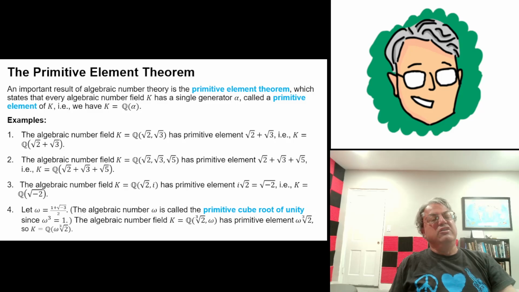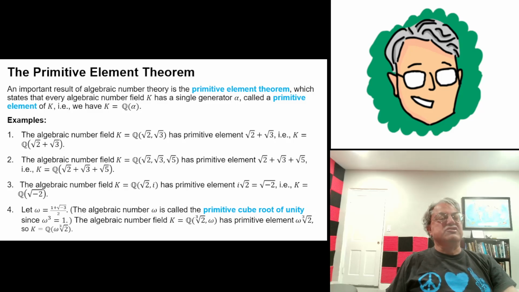By the way, usually we write i times square root of n, where n is a positive integer, as square root of minus n. It's just easier. And so we write this as Q adjoin square root of minus 2. So square root of minus 2, or if you like i times the square root of 2, is a generator of this number field.